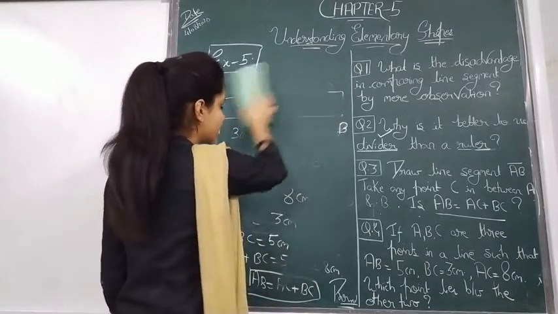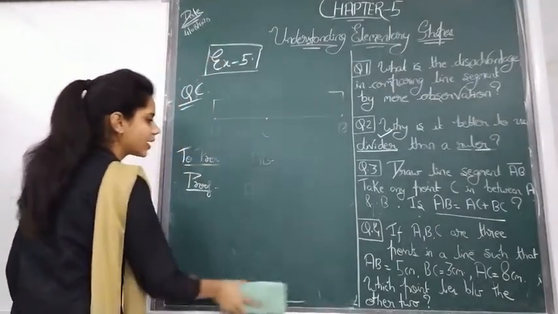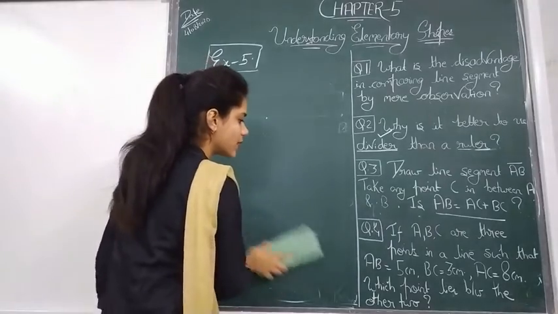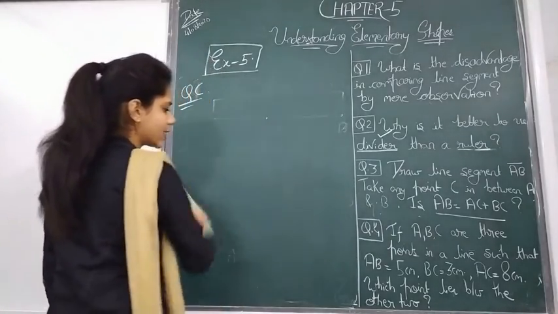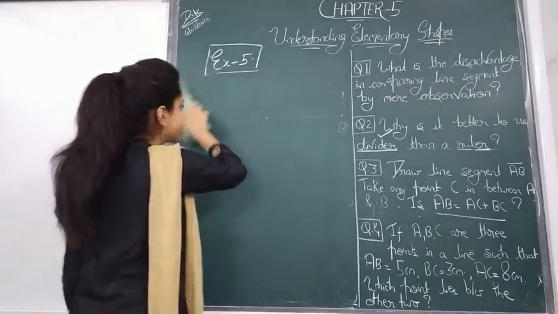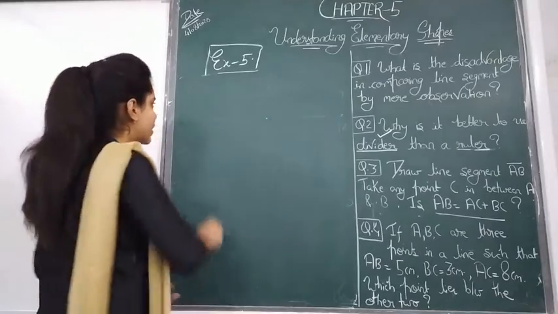If A, B, C are 3 points in a line such that AB equals 5 centimeter, BC equals 3 centimeter, AC equals 8 centimeter, which point lies between the other two? So there is one line segment.